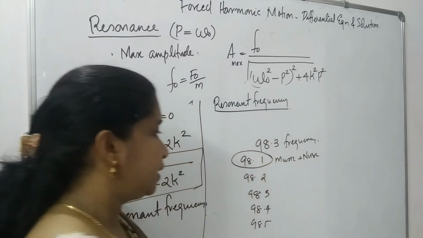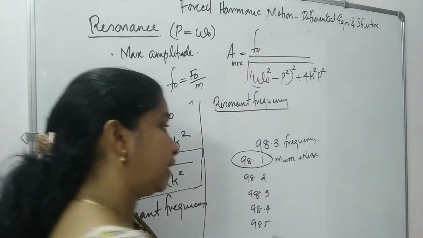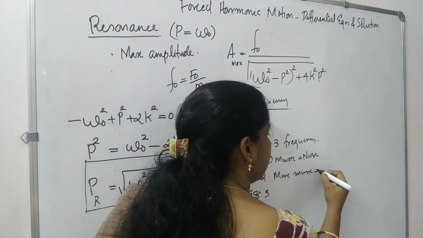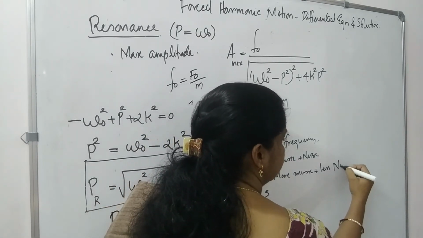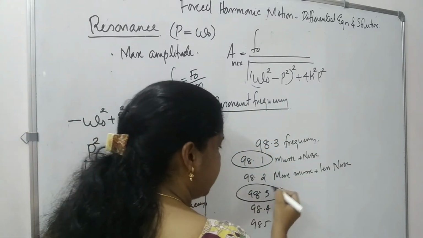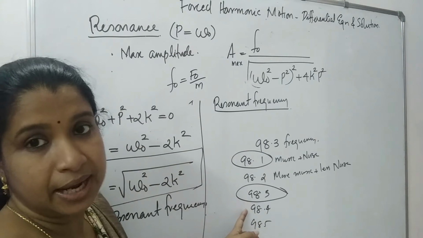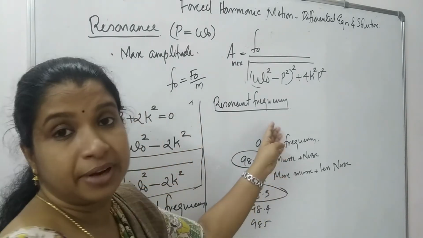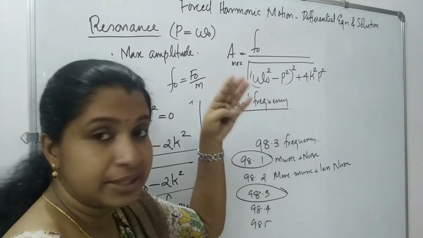Then at 98.2, we get more music plus less noise. Then at 98.3, what's the importance of this 98.3? 98.3 is the radio frequency of that FM station.